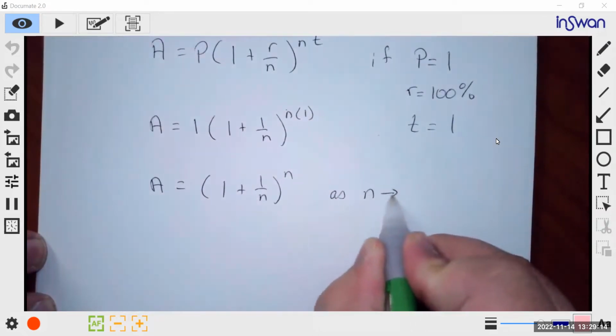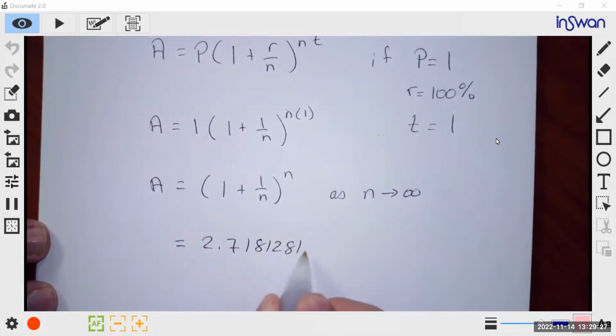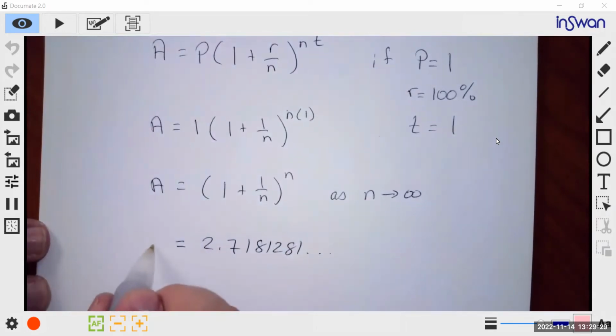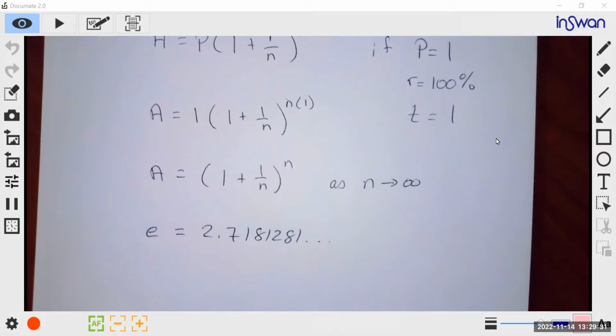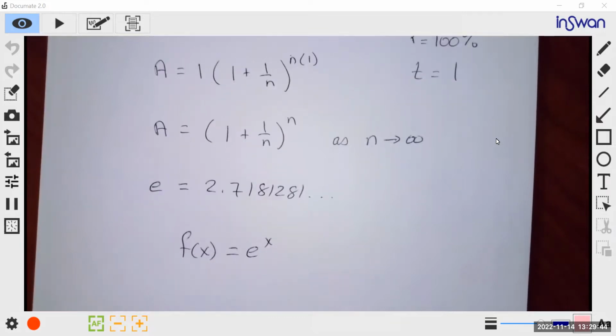As n goes to infinity, this number approached a number 2.718128, blah, blah, blah, which he now changed to e, because it's a constant term. And very soon, you'll see where this is going to be used.